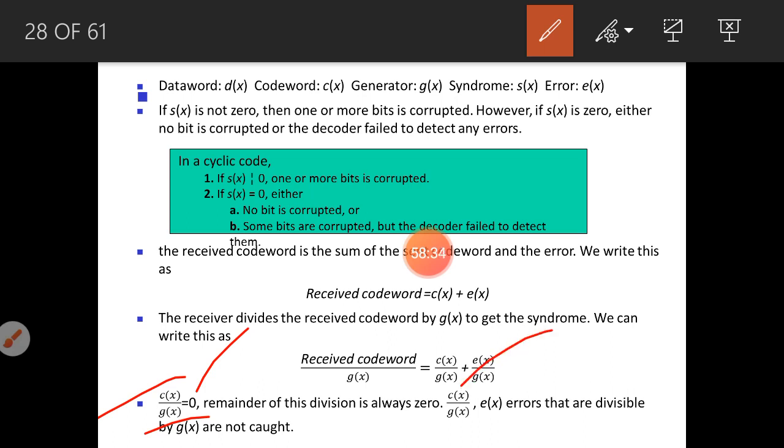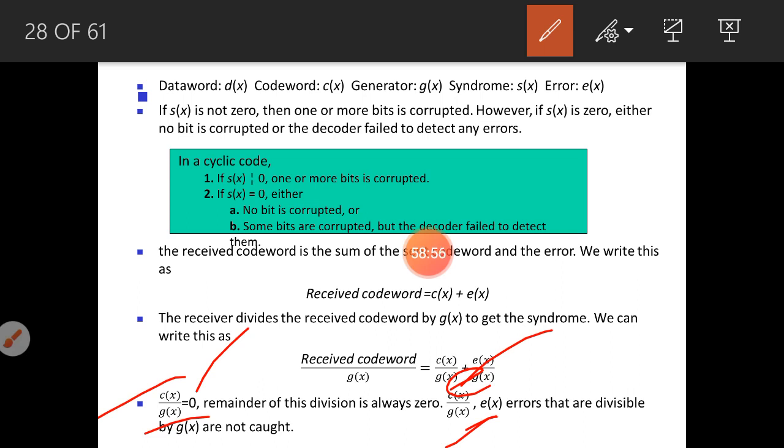Next one is, instead of c of x, it is e of x here. By mistake I wrote c of x, but you have to take it as e of x divided by g of x.